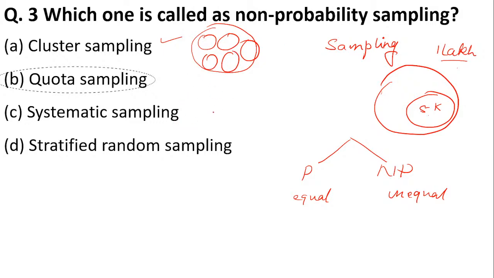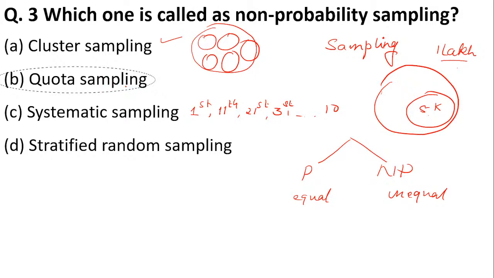Systematic sampling is like this: if there are 100 people and you have to select 10 people, you select the first person, then the 11th person, then the 21st, then the 31st, like that from 1 to 100, you select 10 people. That is systematic sampling. Stratified sampling is where you divide the population into subgroups. So the only remaining non-probability sampling method here is quota sampling.